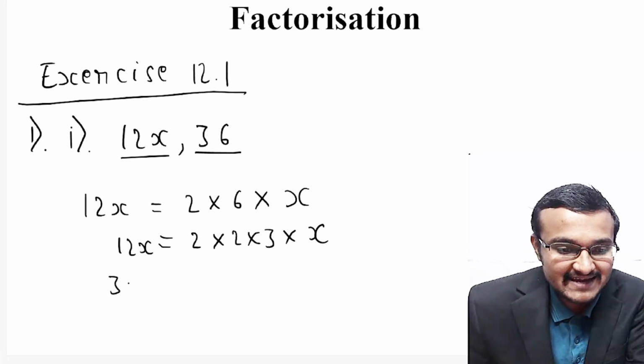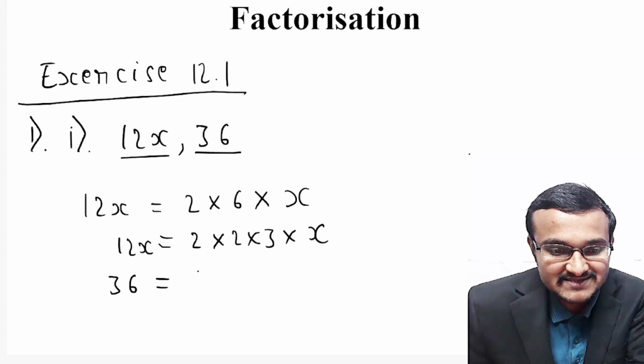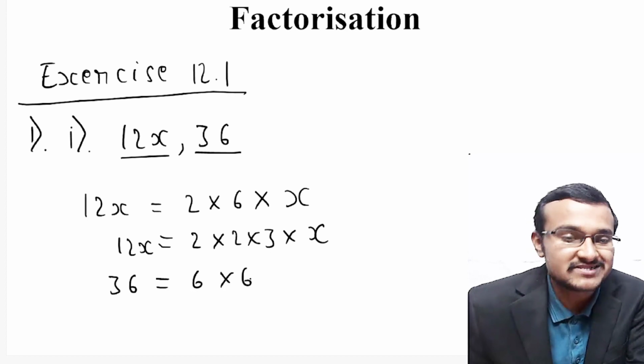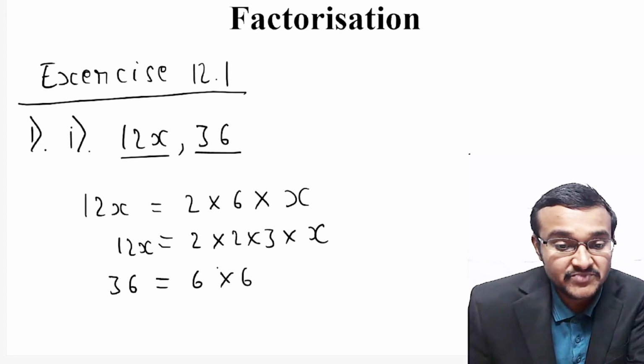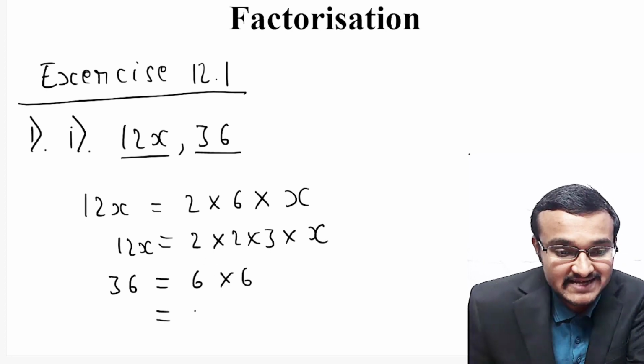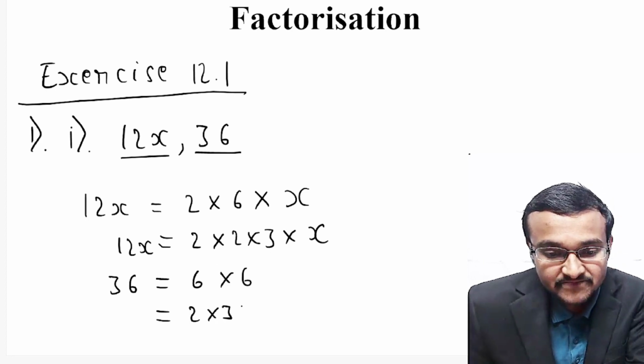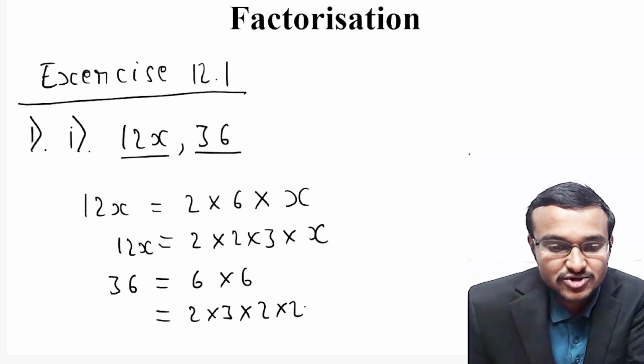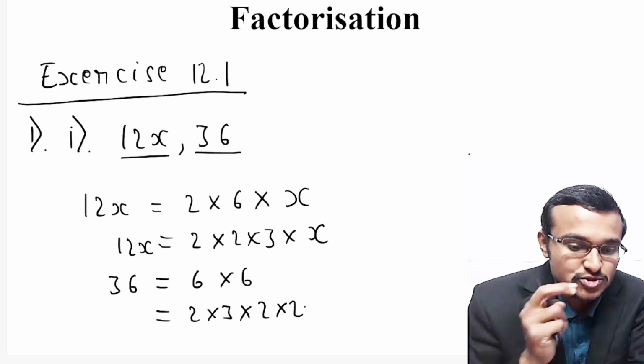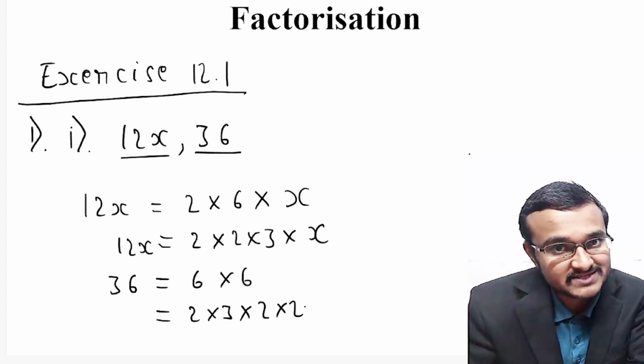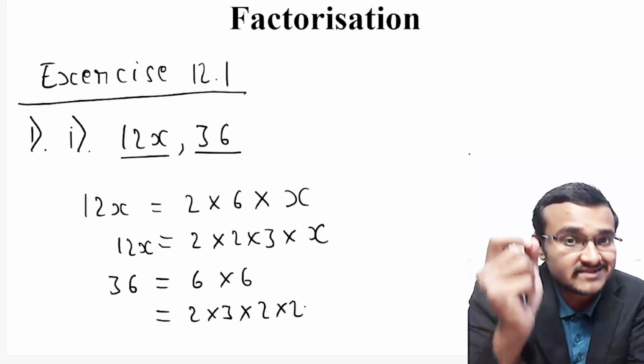Now similarly I can write 36 as 6 into 6, because 6 into 6 is 36. This 6 into 6 I can write as 2 into 3 into 2 into 3, because 6 is 2 into 3. So 2 into 3 is 6, 2 into 3 is 6, 6 into 6 is 36.